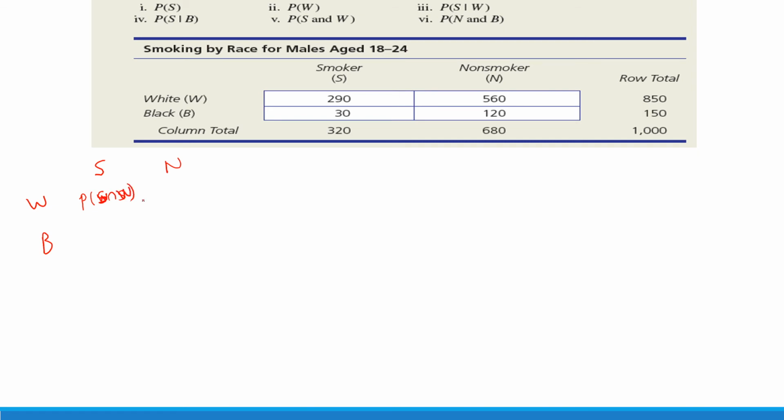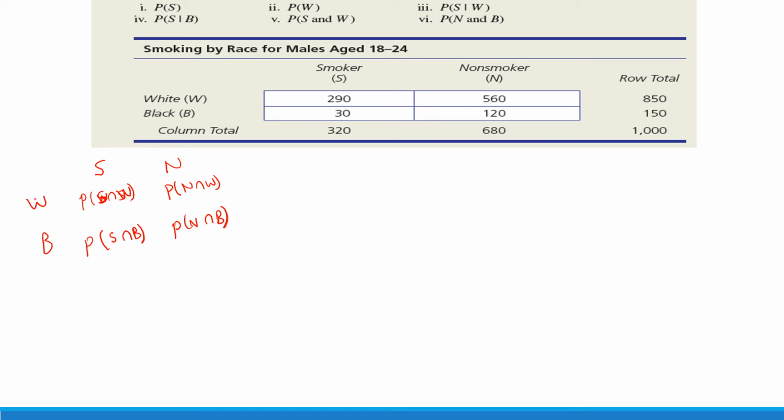I prefer to write it this way, and you will know later why, because it will be easier while calculating the conditional probabilities. And here the probability he is a non-smoker and white, the probability he's a smoker and black, and the probability he's a non-smoker and black.